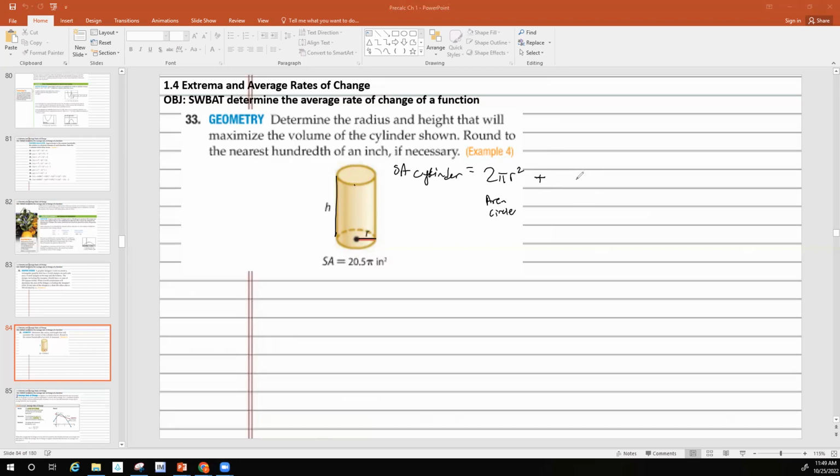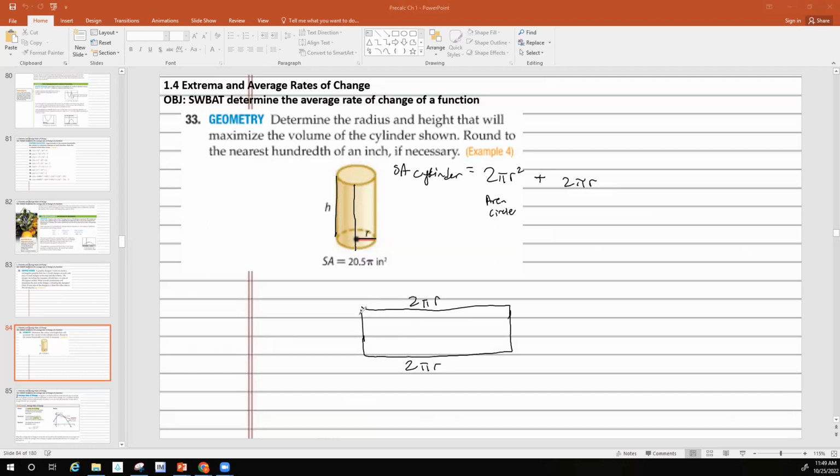The circumference of a circle is 2 pi r. If you imagine cutting this right down the side and rolling it out, you end up with something like wrapping paper, a rectangle. The part that gets straightened out is our 2 pi r, our circumference.